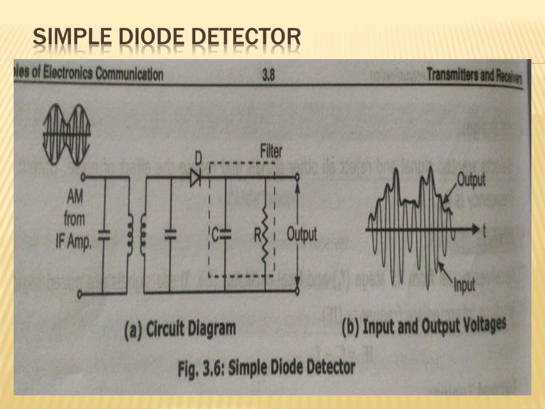For the positive half cycle of the AM signal, the diode is forward biased, so the capacitor charges to its maximum value.